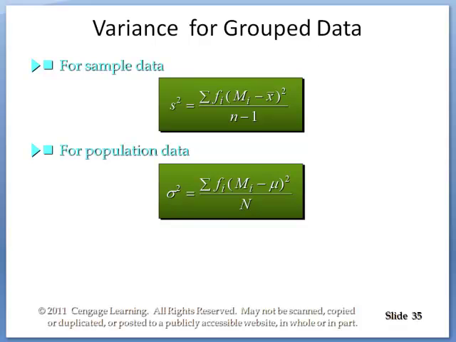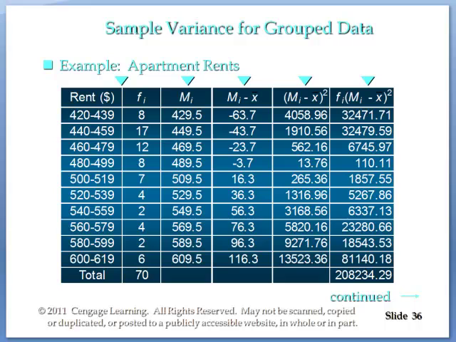The variance similarly can be computed by using weights, and this is the formula. So as you will see in the first row, look at the midpoint, 429.5. Subtract the sample mean from it, you'll get minus 63.7. Square it, you'll get 4058.96. Multiply it by 8, and you'll get the last column. Add up everything in the column, and you will get 208234.29.